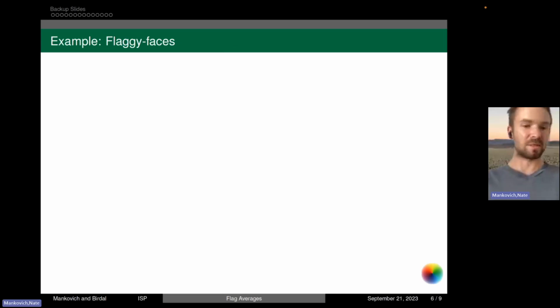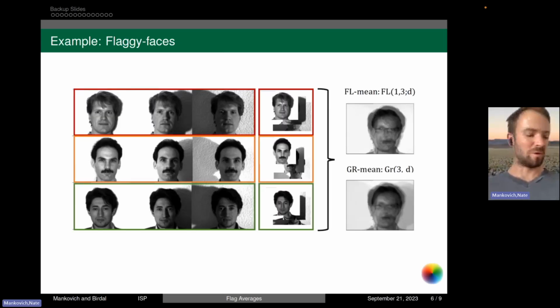So a couple examples of this were flaggy faces. I don't know if you're familiar with the classical eigenface problem using the SVD. In this case, we're using our flag manifold averaging method to average a collection of faces. The idea here is that each row is represented by one flag, and then we average them into the upper image, which is the average on the flag, and the lower image, which is the average representing each collection of images as a subspace.